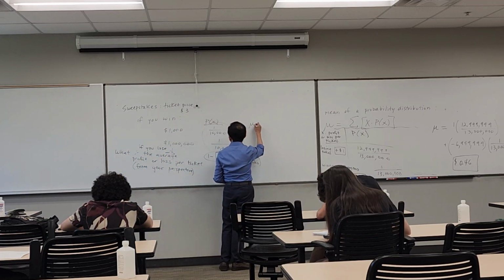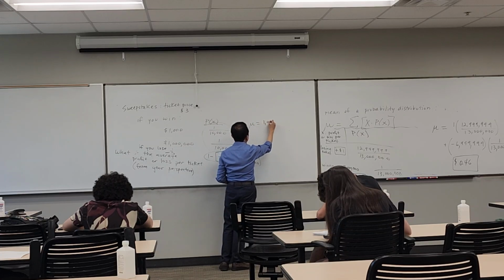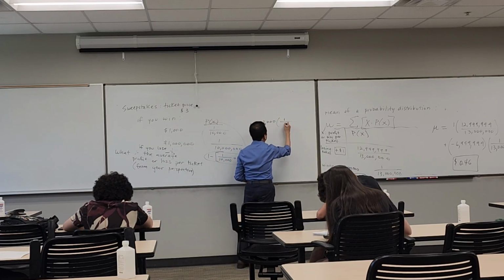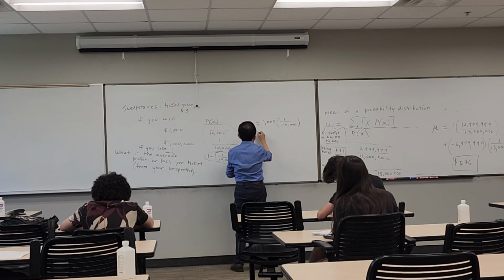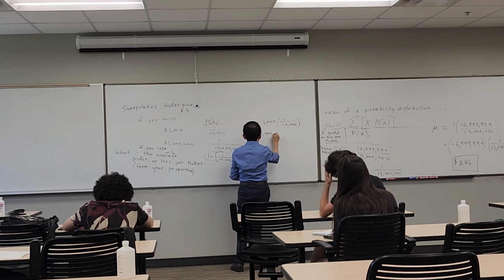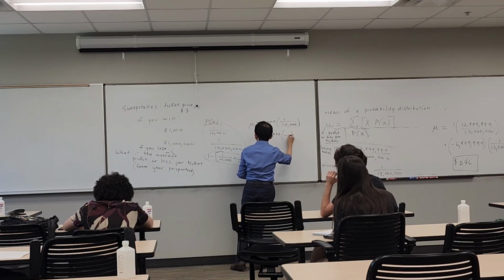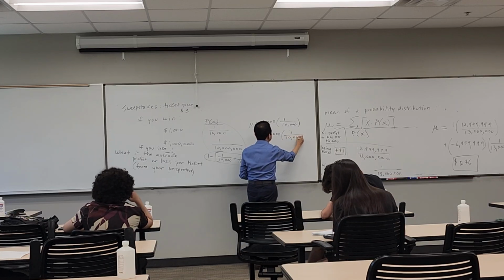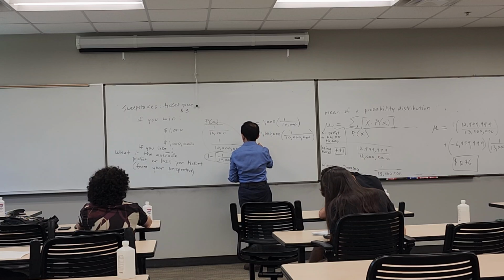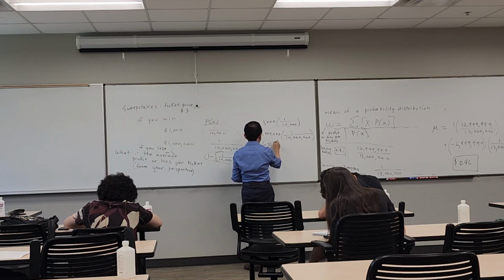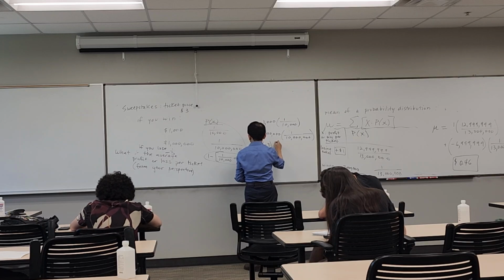So the mean here will be 1,000 times 1 in 10,000, plus a million times 1 in 10 million, plus -3 times whatever this is.